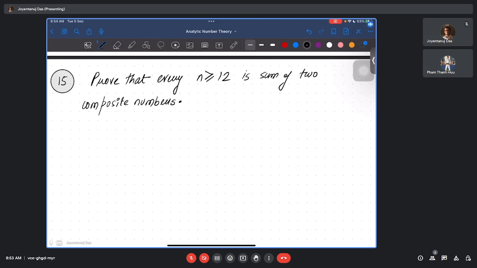So I can always write a number greater than 12 as a sum of two composite numbers.